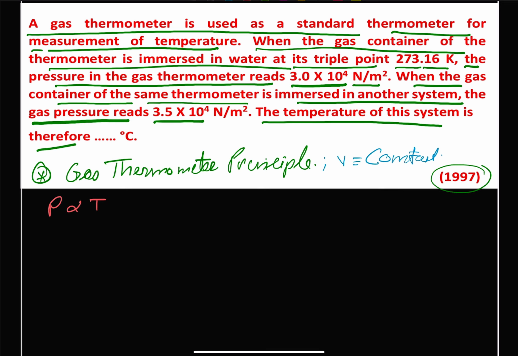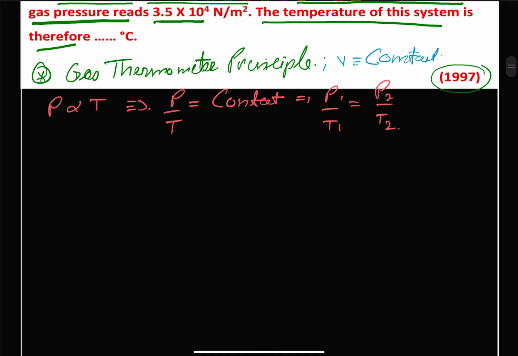And we have two states, so we can write this as P upon T is equal to constant, or we can say that P1 upon T1 is equal to P2 upon T2, and we are supposed to find out our T2.